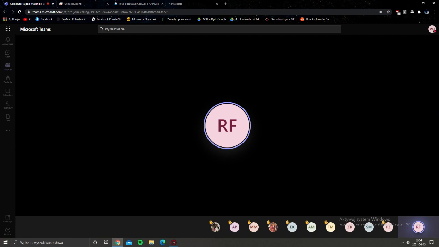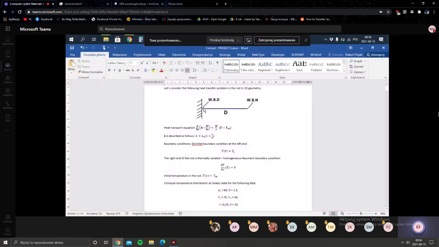All right, so I'm back. So this is a rod. So a 1D problem with the heat transport equation. Coefficient K is described as follows: it is a function of position. We have boundary conditions on the left, and we have a homogeneous Neumann boundary condition on the right. The thickness of the rod is capital D. Sorry, not thickness, the length.